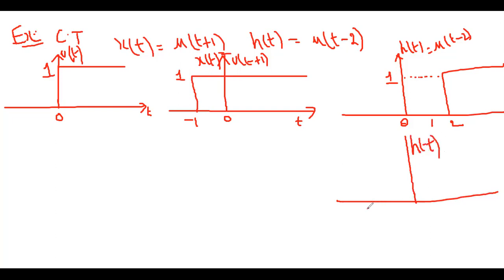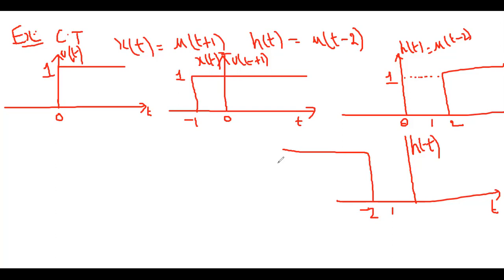You are folding at 0, so the total positive values will get at the negative side, and the total negative values will get at the positive side.